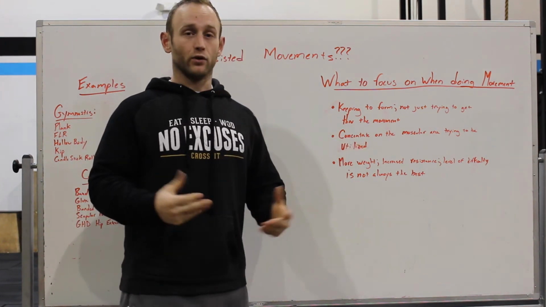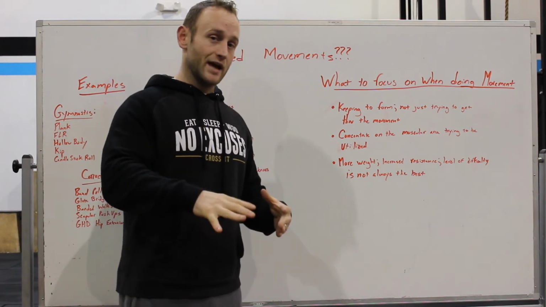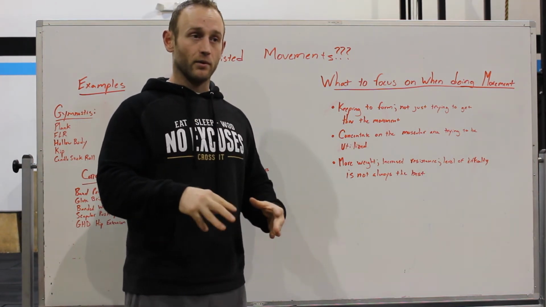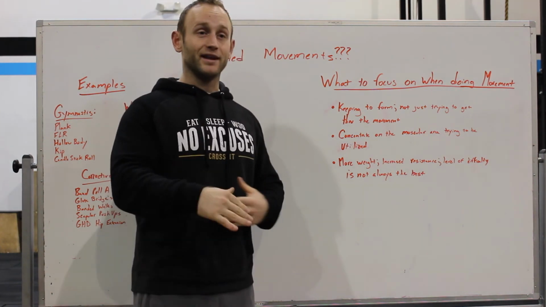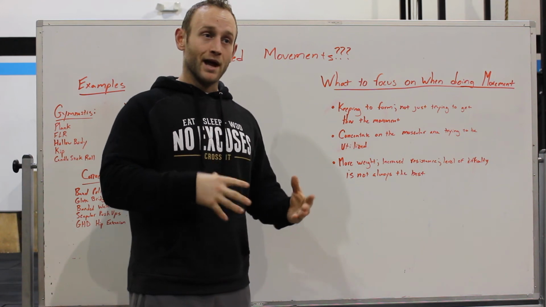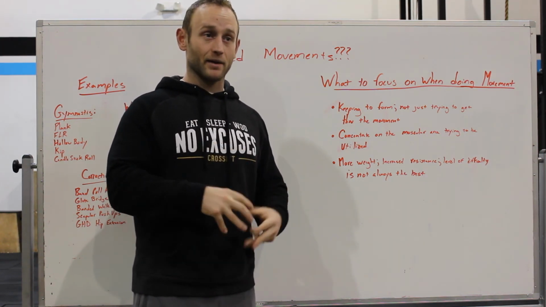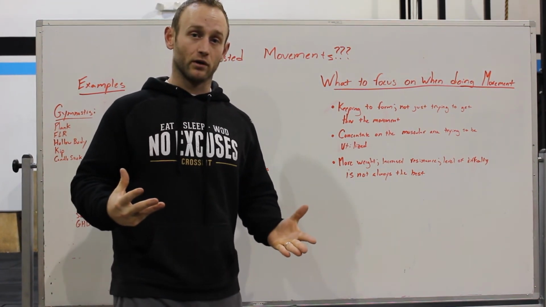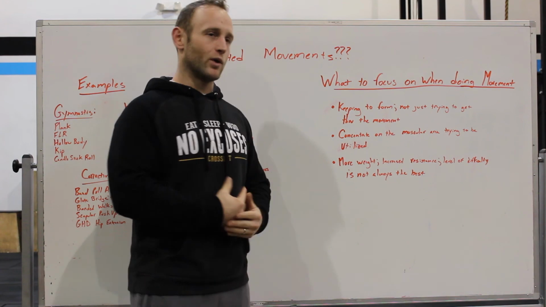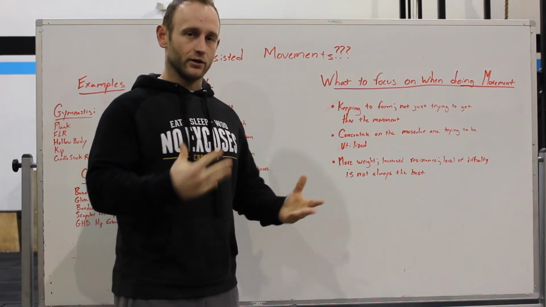Or level of difficulty. I'll use hollow body position. I've told people to go down to the easiest form a lot of times. Some people want to lift their legs and their hands, but sometimes doing the simplest form and working on the simplest part of the movement and trying to get that correct before we move on, instead of trying to make it harder on yourself, is going to be a lot better for you in the long run. So again, that goes back to body awareness and increased muscular ability or neurological ability.